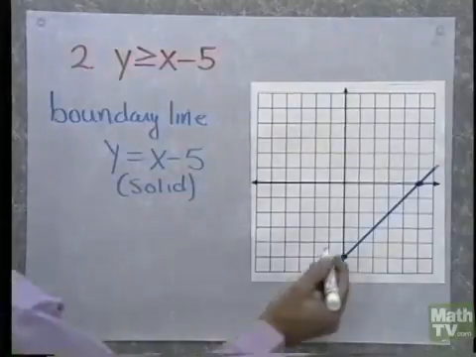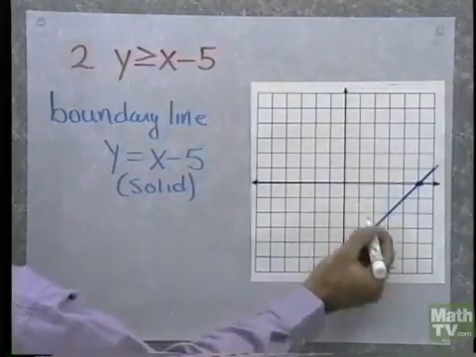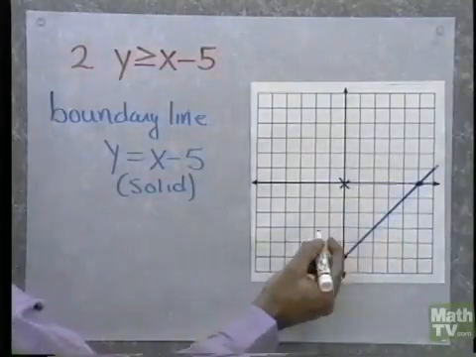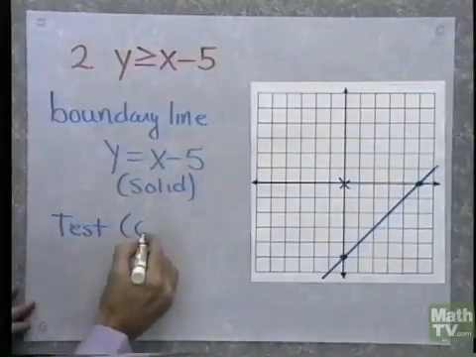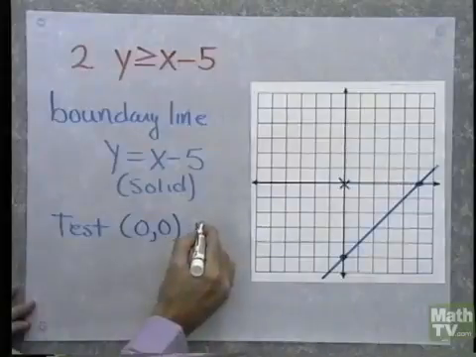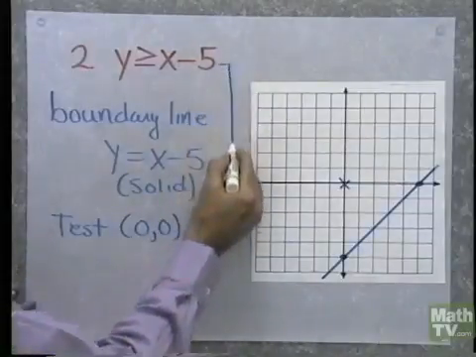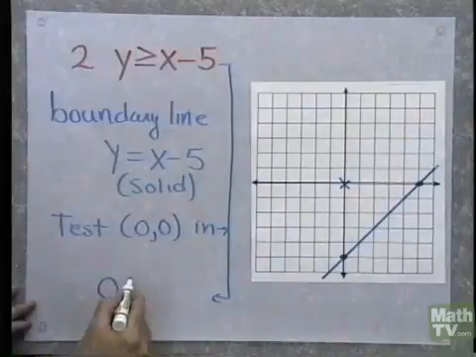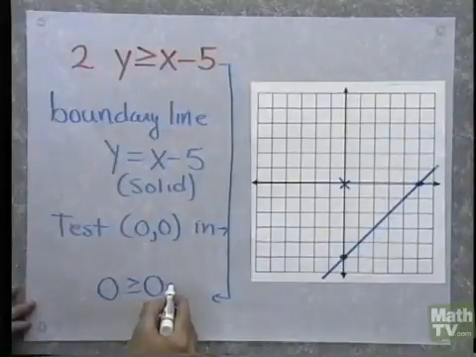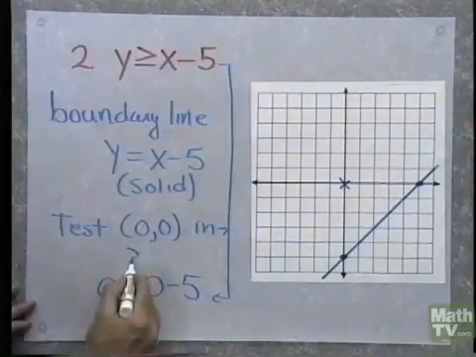Now, next I need to test any point that's not on the boundary. Again, the origin's not on the boundary, so let's test the origin 0, 0 in my original inequality. So I have 0 greater than or equal to 0 minus 5, question mark.